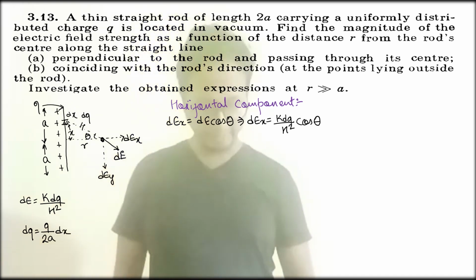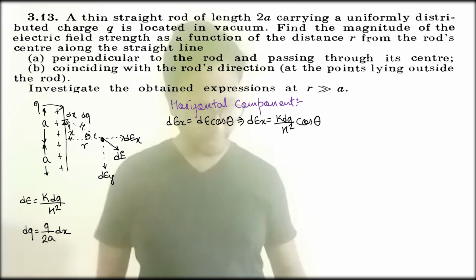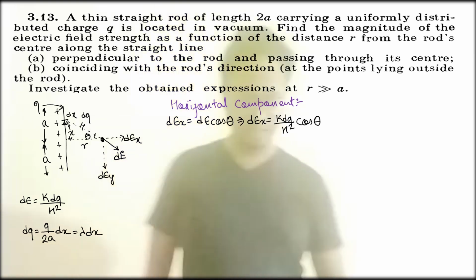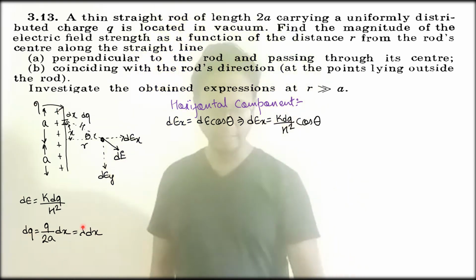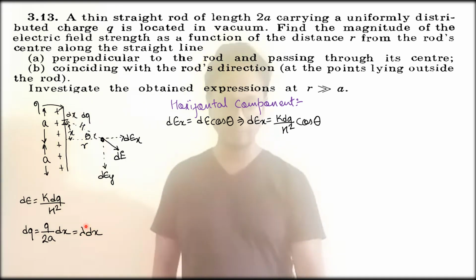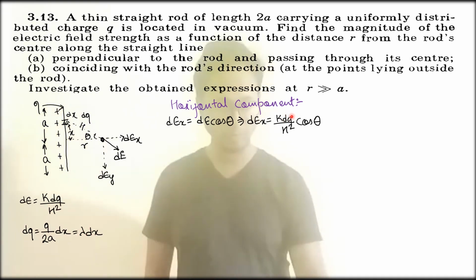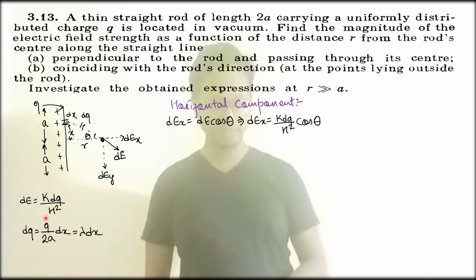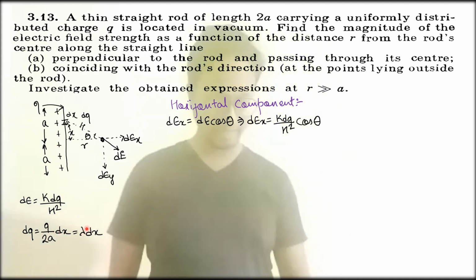This total charge divided by total length is known as linear charge density, or lambda, into dx. In some questions the total charge would be given, in others the value of lambda would be given. Whichever is given, substitute it out here, it won't make any difference. What is the linear charge density? Linear charge density is nothing but q by 2a. So the charge contained inside this elemental dx is q by 2a into dx.